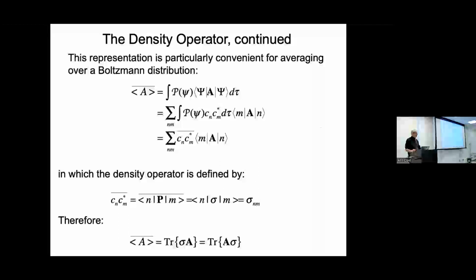I should probably at this point use rho instead of sigma to indicate the density operator for the whole system, and then later on define sigma as the reduced density operator. So I'm being a little lazy here. When you look in the literature, you have to pay attention to somebody talking about the full density operator or the reduced density operator.